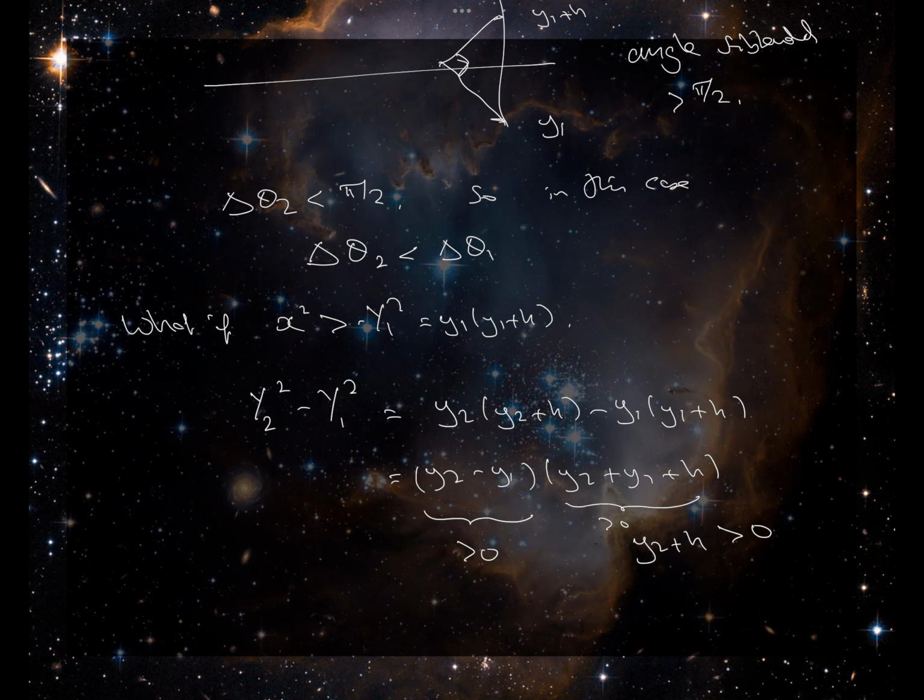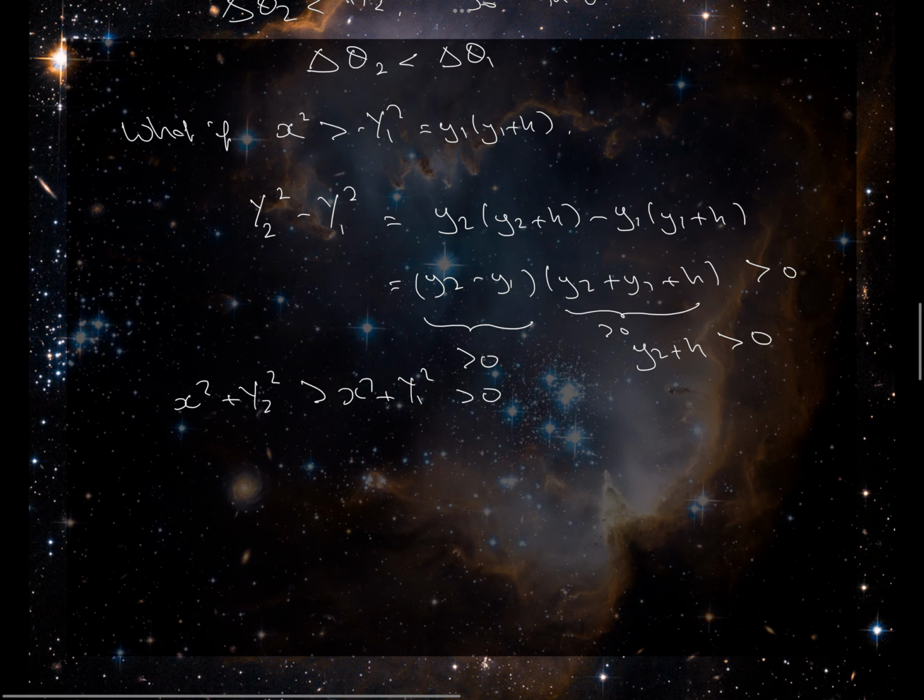So that product is greater than 0. So x squared plus y2 squared is bigger than x squared plus y1 squared, greater than 0. So hx over x squared plus y2 squared is smaller than hx over x squared plus y1 squared.